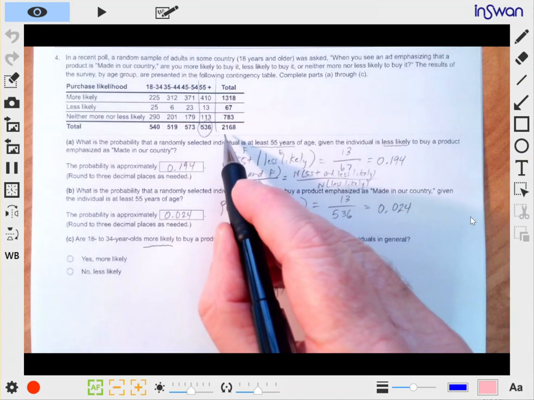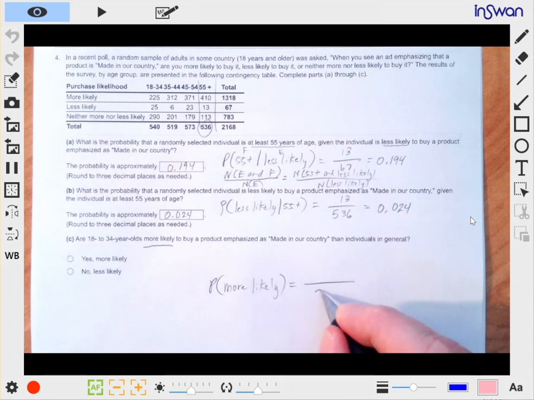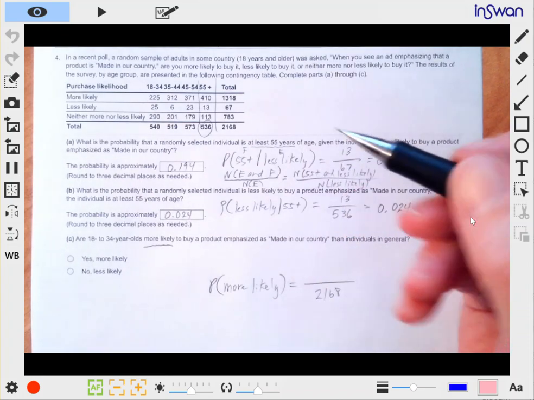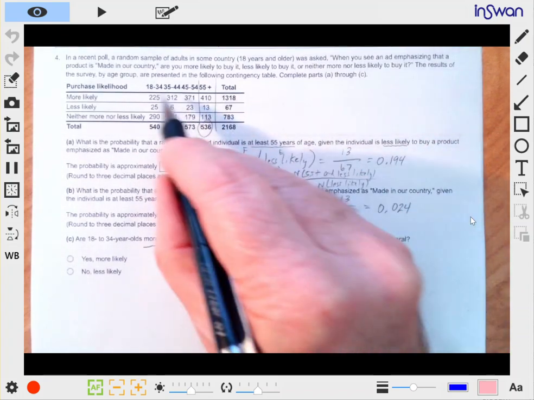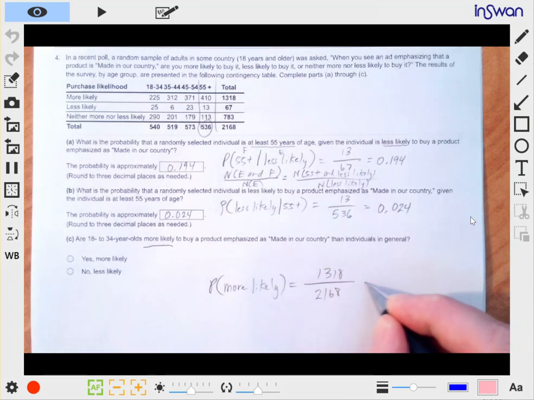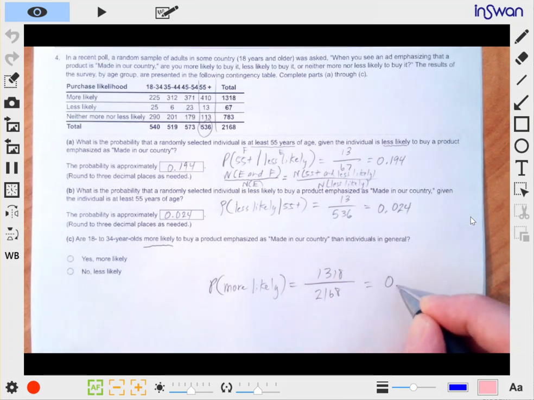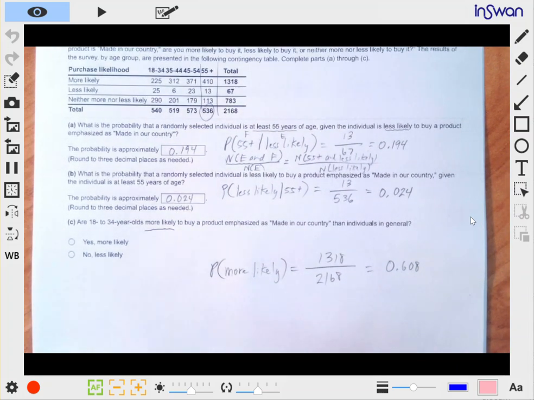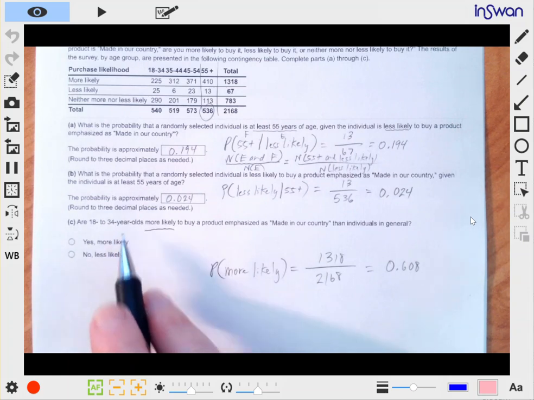Well, there's a total of 2,168 outcomes, and the ones that are more likely are all of these, which adds up to 1318. And here you get 0.608 or 608 thousandths.